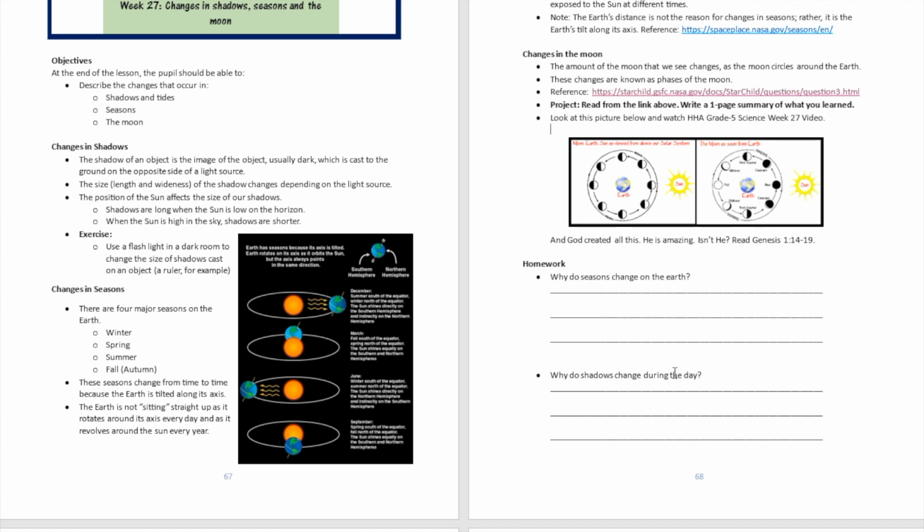Shadows change during the day because the sun is either low on the horizon or higher above the horizon. But the reason seasons change is typically because the earth is not sitting up straight. So the earth is a little bit tilted. You're going to see the North Pole and the South Pole tilted away from the vertical axis as depicted in this picture.